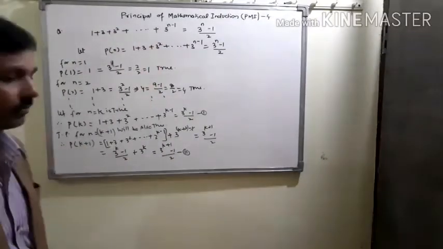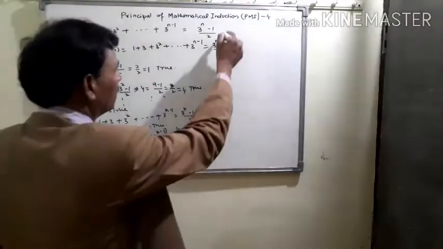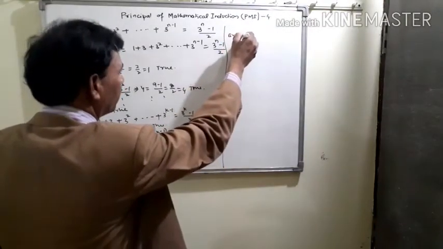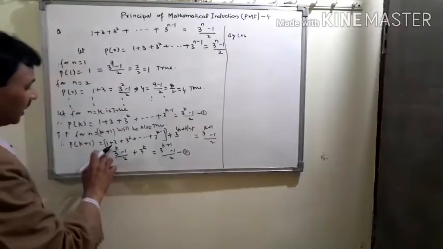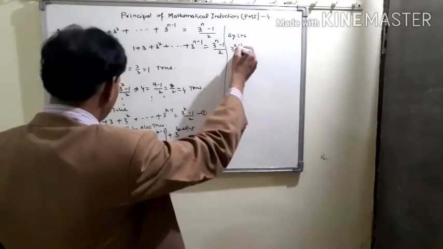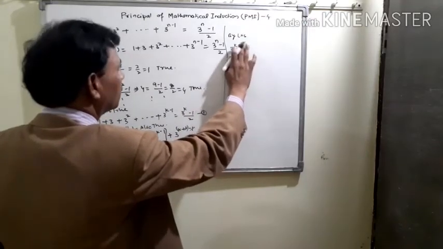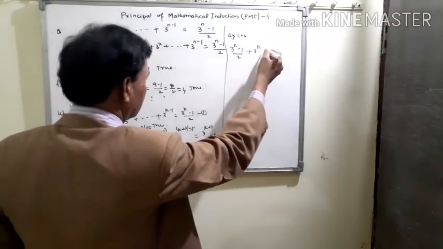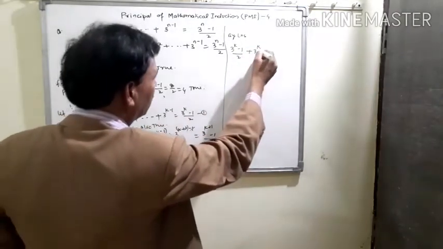If you prove this term and this term are equal, then you can say that this statement is true by PMI. Now we will try to prove it from the LHS. LHS is (3^k - 1)/2 + 3^k.